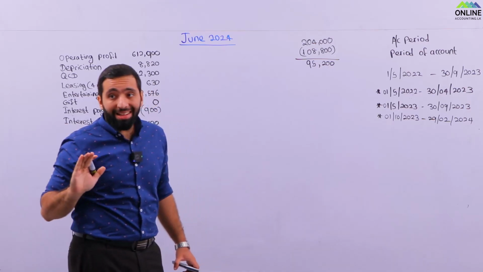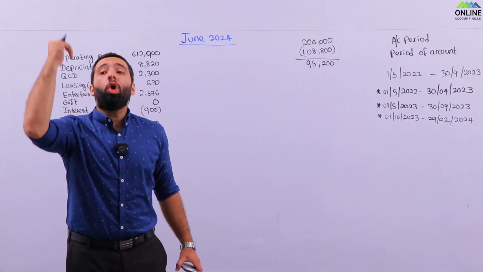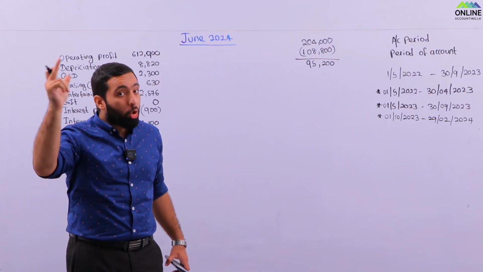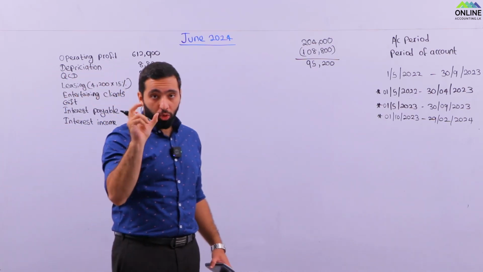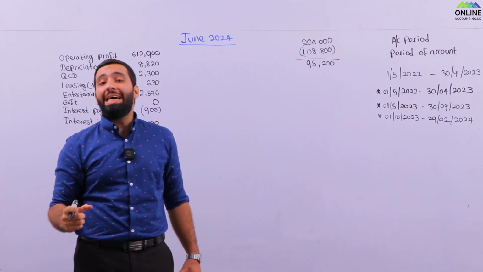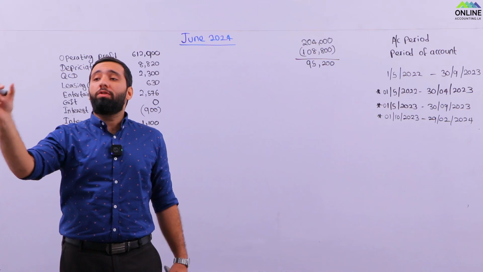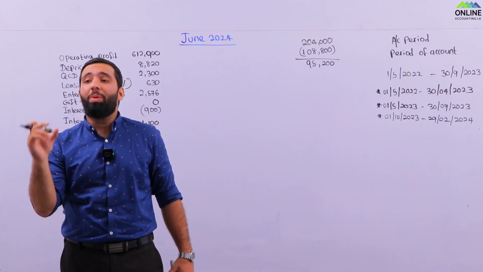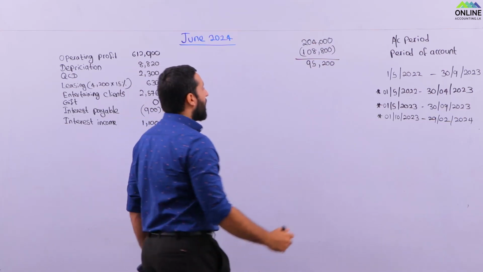And then what else? This person has made a claim to roll over the gain. Remember the rollover relief we have learned in chapter number 12, 13, 14. Those are the areas that we have learned about the reliefs. Against the replacement cost of a new freehold warehouse which was purchased on 6th January for 168,000.